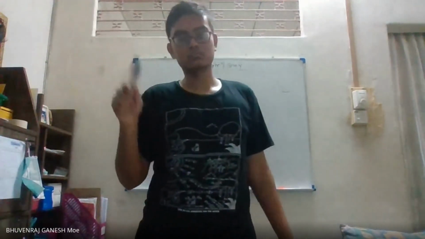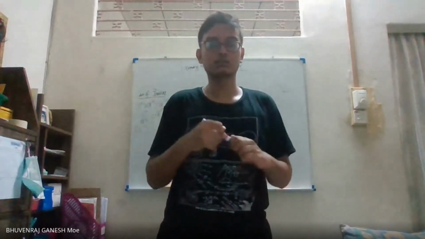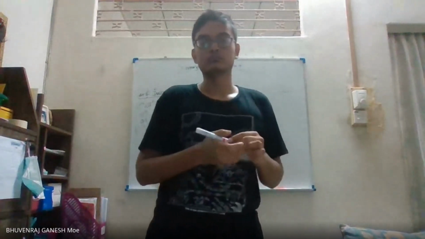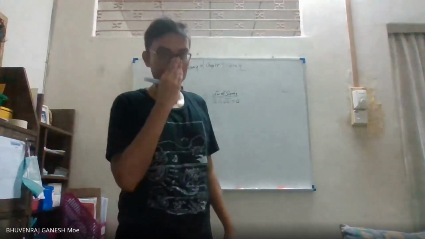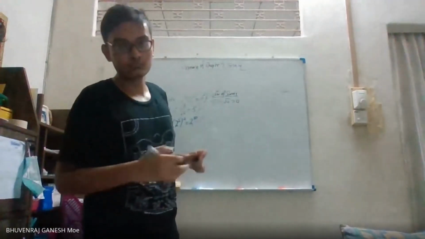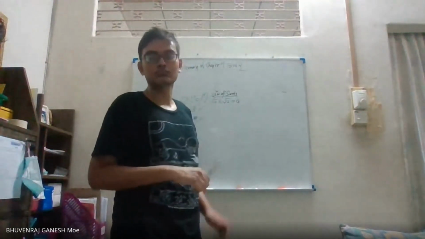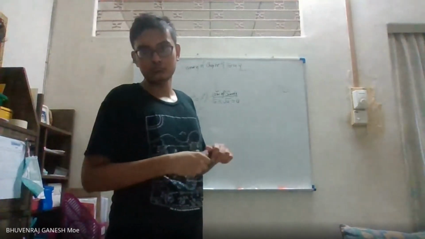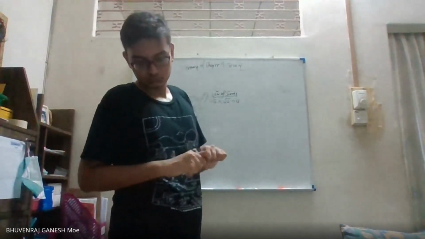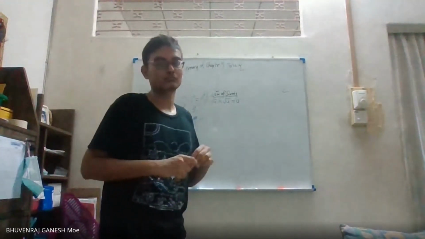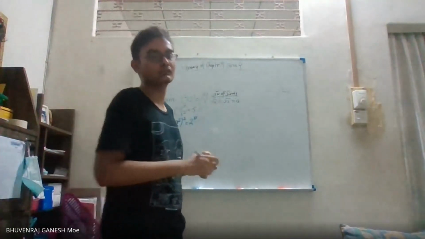Usually square root A, let's say surd A like that, right? Surd A, usually what's the power? So surd A is usually half. So this one you must know.